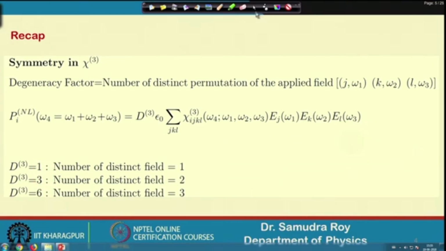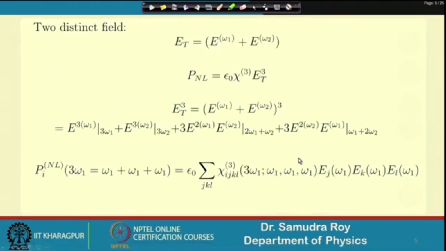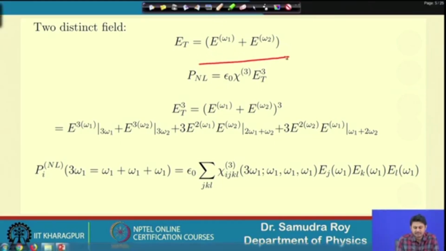So, in order to understand these things, let us take an example. The same example I showed, I just show it again. So, here this is the case. The total electric field is E1 plus E2, where the frequency components omega 1 and omega 2 are there. So, two different frequency components.